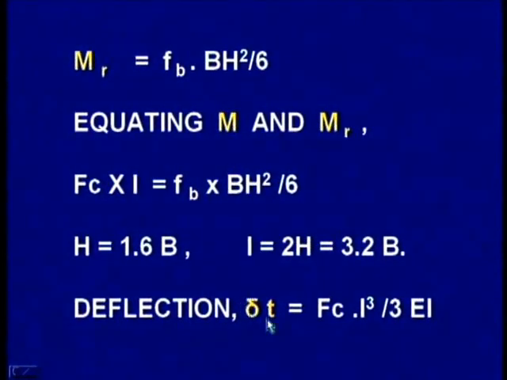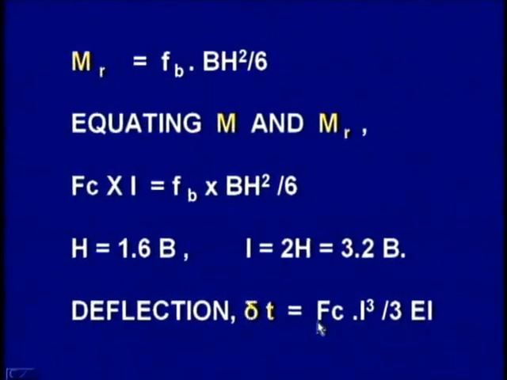As per the material property, every material will have a maximum permissible deflection. So the permissible deflection is delta P, and delta T is the obtained deflection by virtue of the cutting force Fc. When you compare these two values, the permissible deflection should always be greater than the actual deflection.